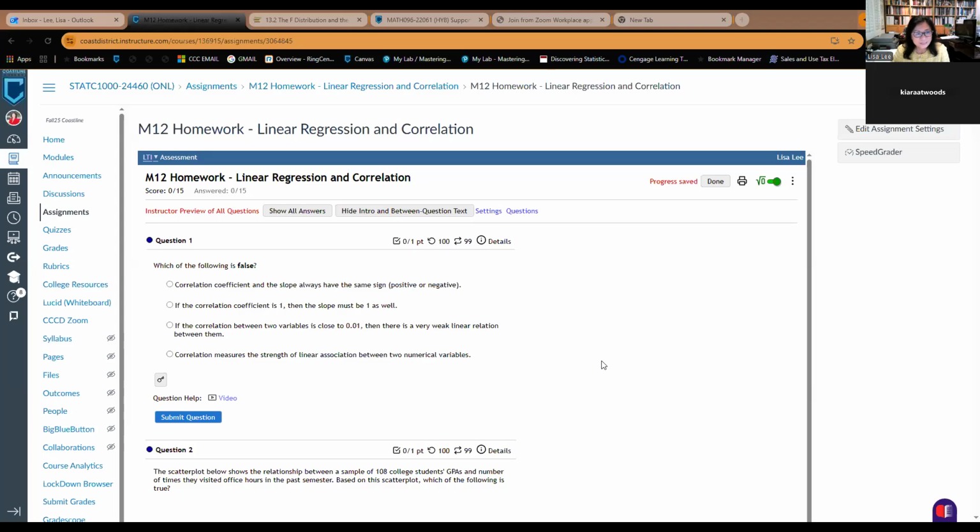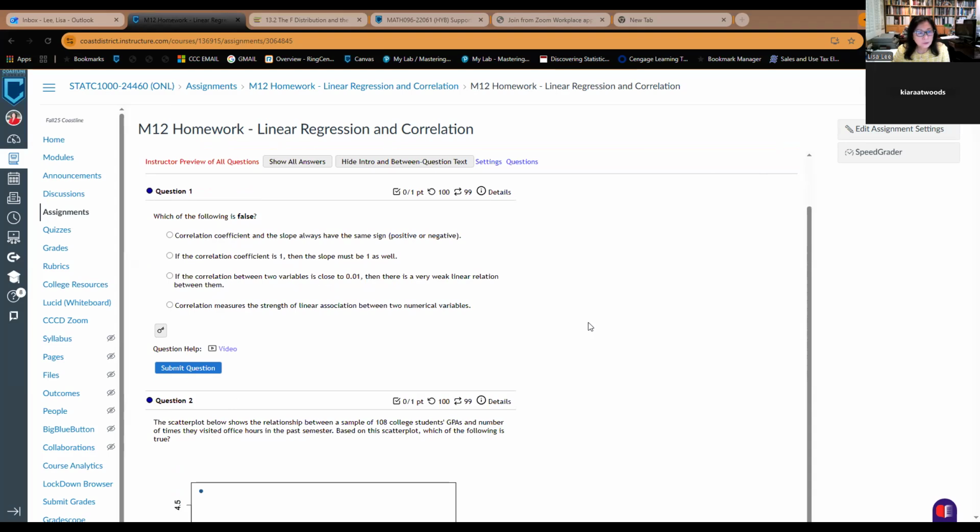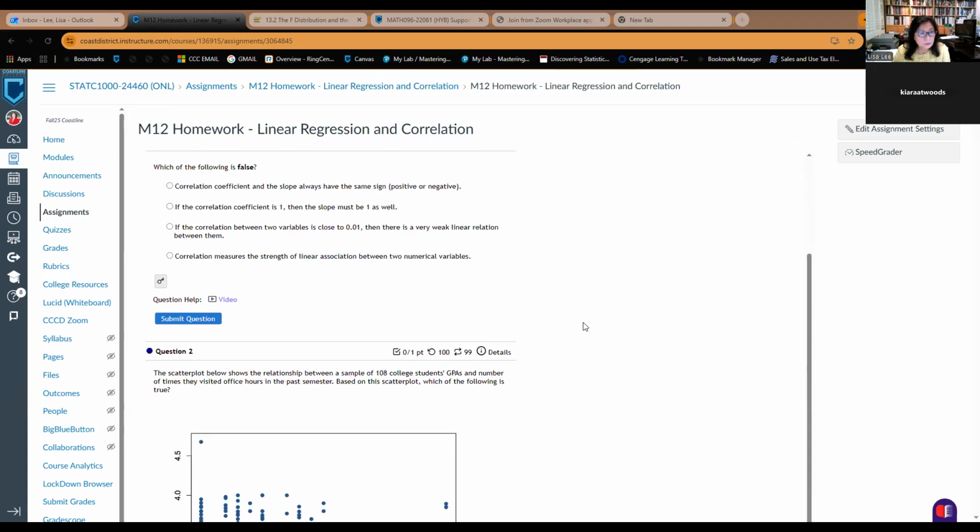Do you see the chapter 12 homework? Yes, I see it. Linear regression. Good, so we can take a look at this.